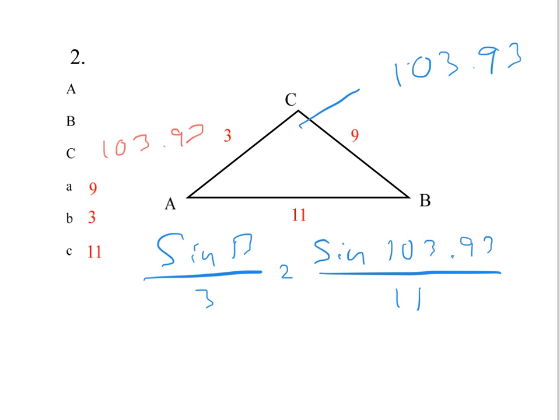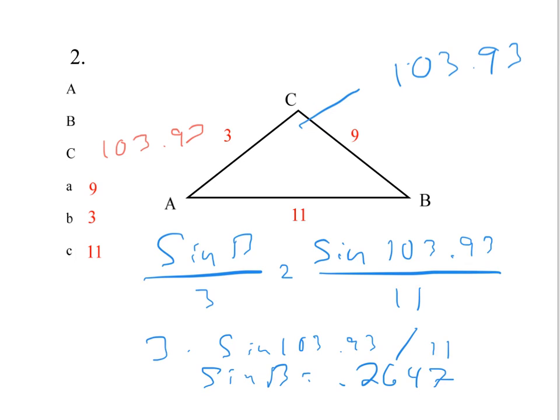Whip out your graphing utilities, and we know that we're going to cross multiply and get 3 times sine 103.93 divided by 11, which is going to equal some decimal. I get sine of B is equal to 0.2647. So now let's do an arc sine of that, and we're going to find that angle B is equal to 12.9 degrees.